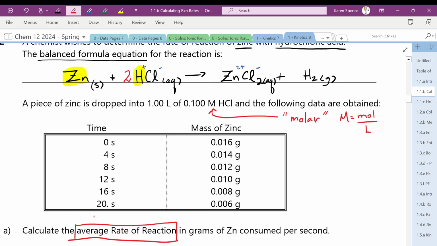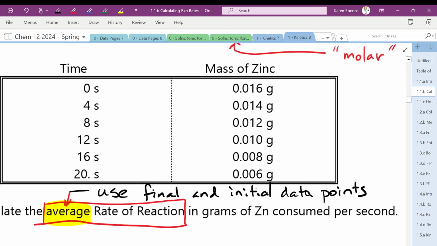And when we are asked to find the average, we're going to use the final and initial data points.